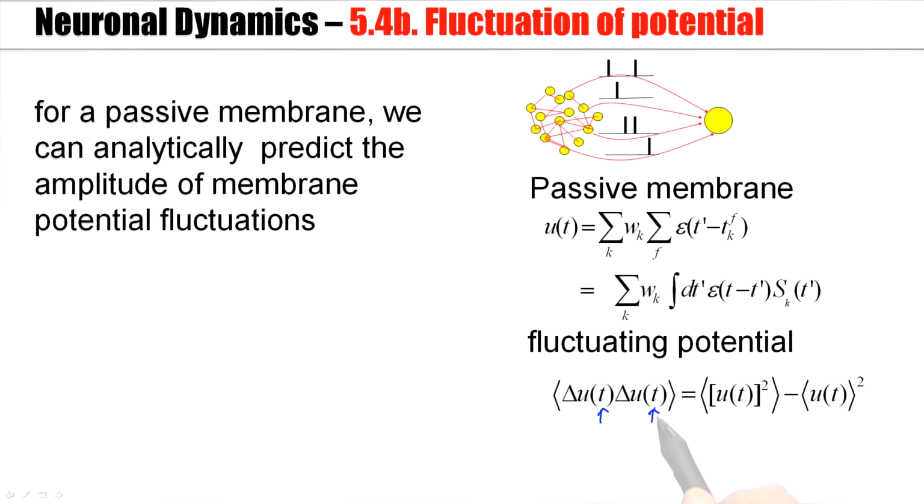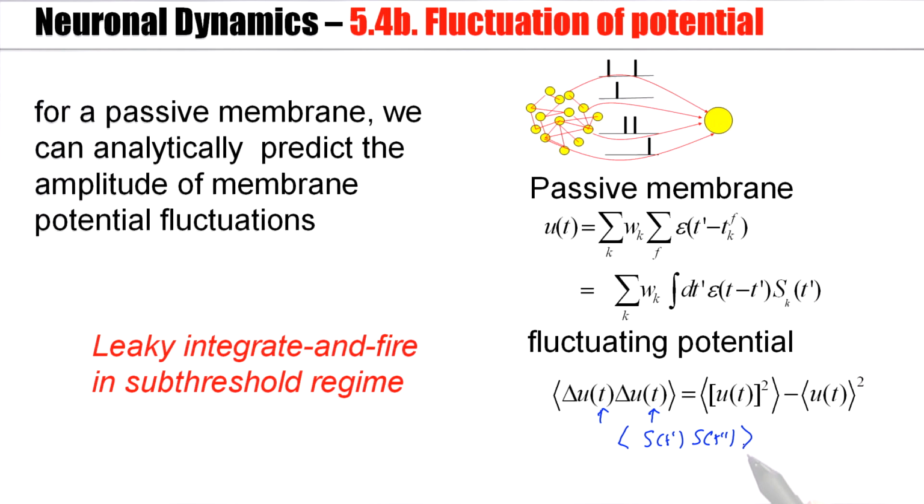It's the autocorrelation at zero delay. In order to calculate that, we will need our S of t prime, S of t double prime, which we can calculate for Poisson processes.